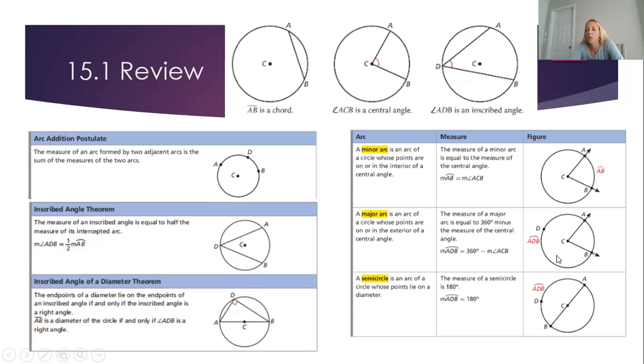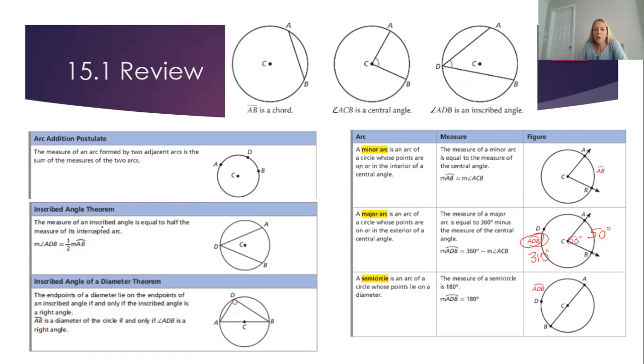And so that's something that we learn in this chapter. So arc ADB is 360 minus the measure of the central angle. For example, if this arc right here was 50 degrees, then this angle is also 50 degrees. And then this arc ADB is going to be 310.